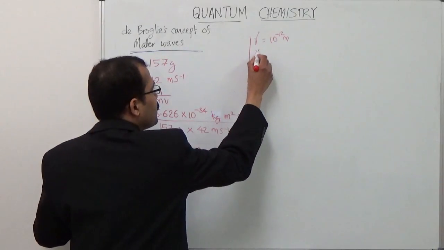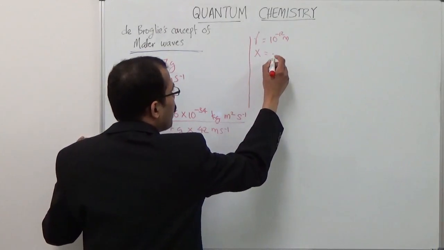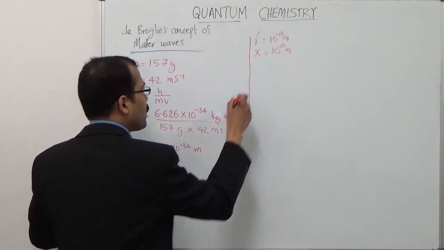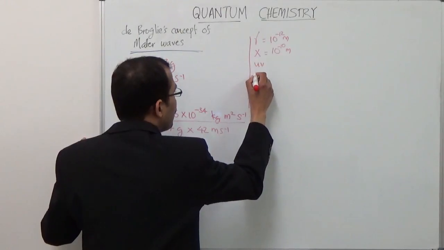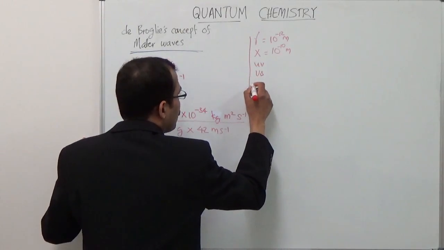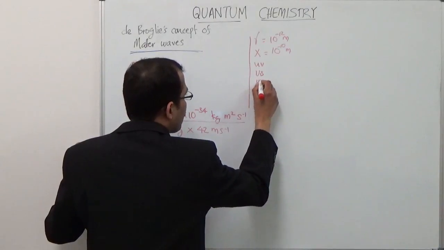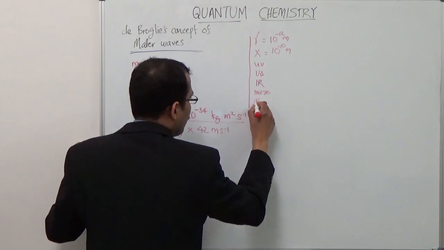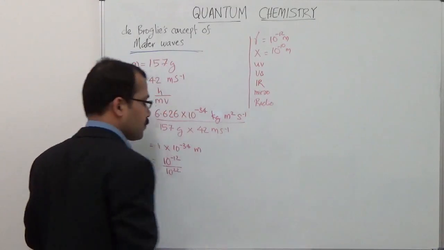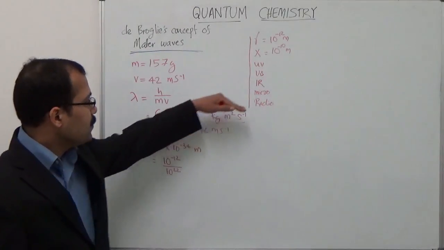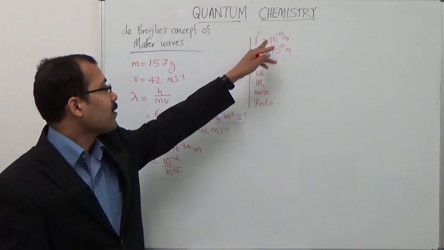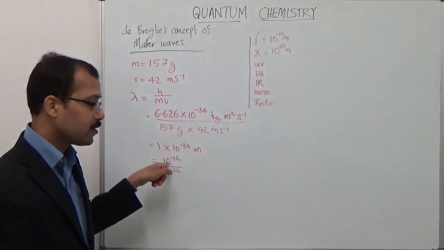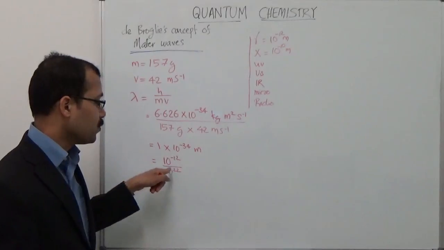Then come X-rays, with a wavelength of the order 10 raised to minus 10 meter. And then come UV rays, then visible rays, then IR, then microwaves, and then radio waves. With this familiar spectrum, gamma rays have the shortest wavelength, 10 raised to minus 12 meter. And that's why I wrote 10 raised to minus 12 divided by 10 raised to 22 here.